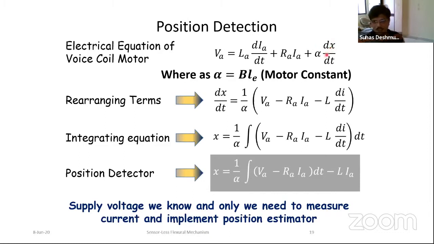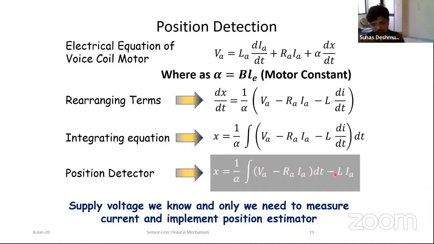If you separate this and keep all the terms on the right side, and if you integrate it, you will get an equation that tells us the position of my coil relative to the magnet. That is what we want to do. When you look into this equation, you can observe there is a voltage, a current, a resistance and an inductance.